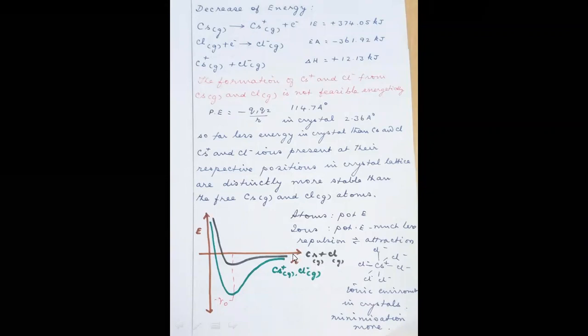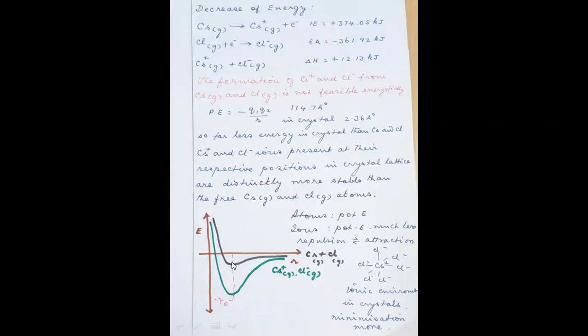The atoms are far away here, potential energy is less. But when they are brought closer and closer, the potential energy goes on decreasing and reaches a minimum, and then further forcing the atoms closer will increase the energy rapidly. There is a sharp increase in the energy when the atoms are brought much closer.